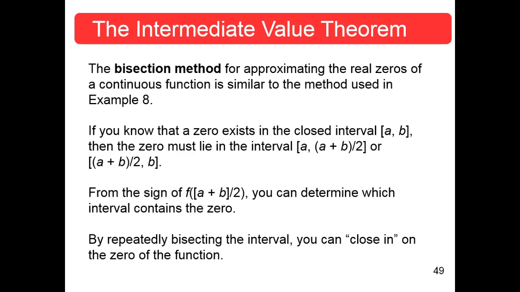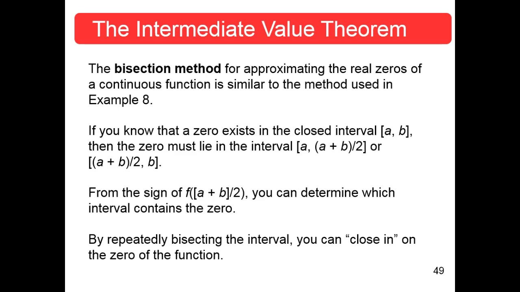Now, what I was just describing is called the bisection method for approximating the real zeros, as in that last example. If you know a zero exists, which we did, then take the point in between. I said 0.5, that's exactly what we did here. We know what f(0) is. Figure out what f(0.5) is, or f(1).